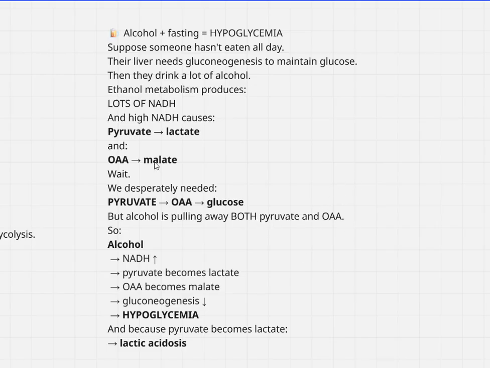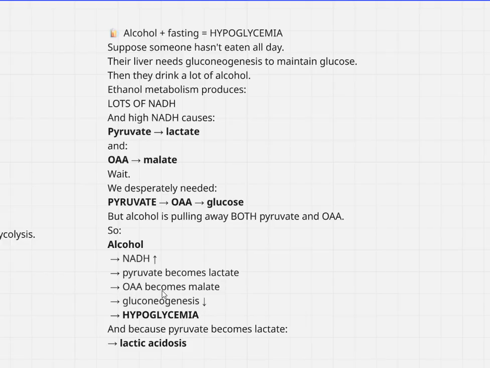So the opposite thing to TCA is happening here, and the pyruvate is not going into acetyl-CoA, right? So in alcohol poisoning, the NADH increases. The pyruvate becomes lactate, right?